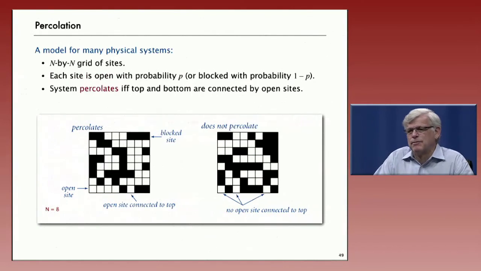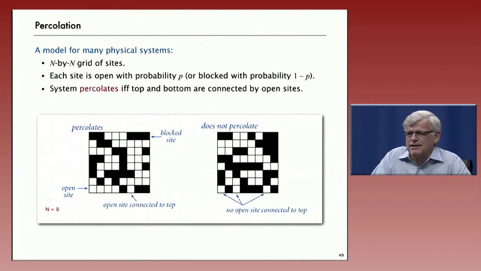That's a model for many physical systems. I'll give an abstract model and then just talk briefly about how it applies to physical systems. So let's think of an n by n grid of squares that we call sites. And we'll say that each site is open, and that's white in the diagram, with probability p, or blocked, that's black in the diagram, with probability 1 minus p.